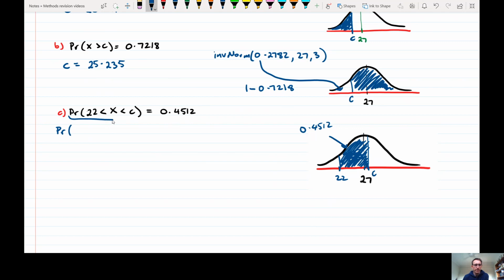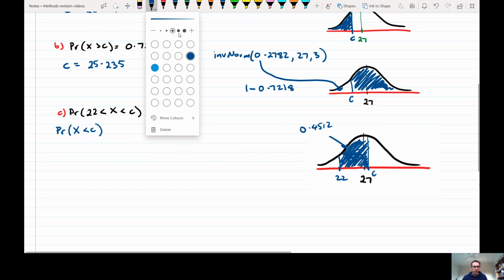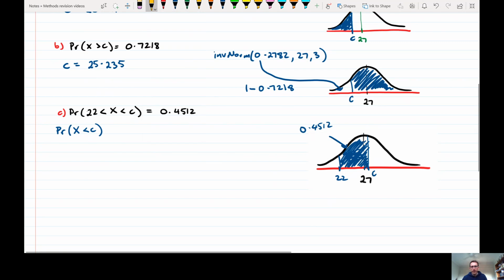Now this thing here is going to be the same as the probability of being less than C, which would be less than C would be all of this.